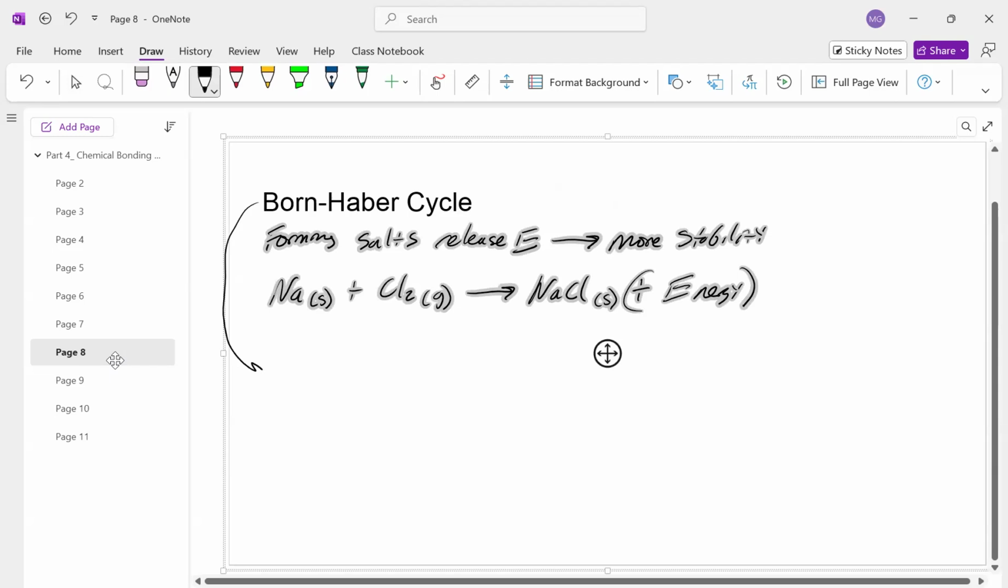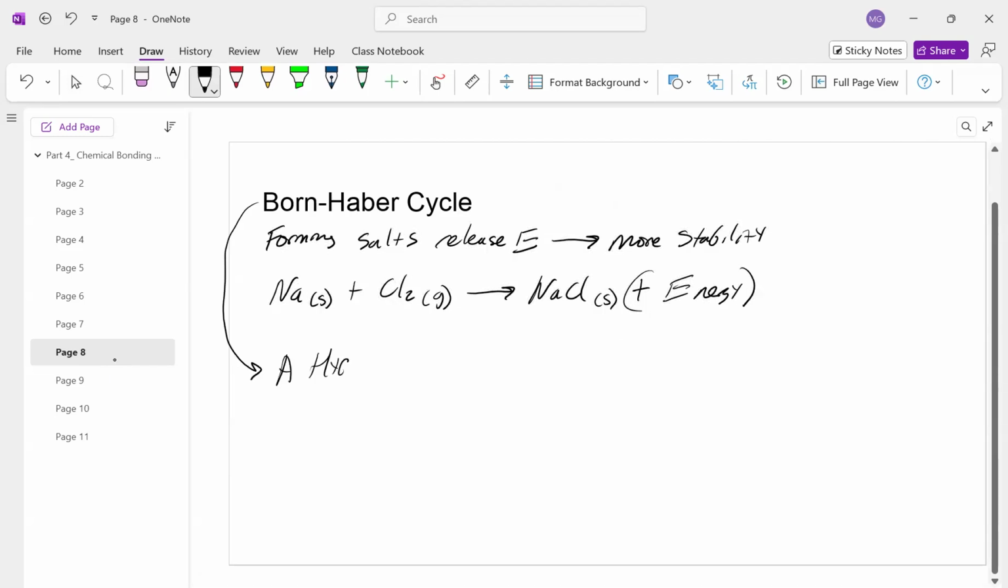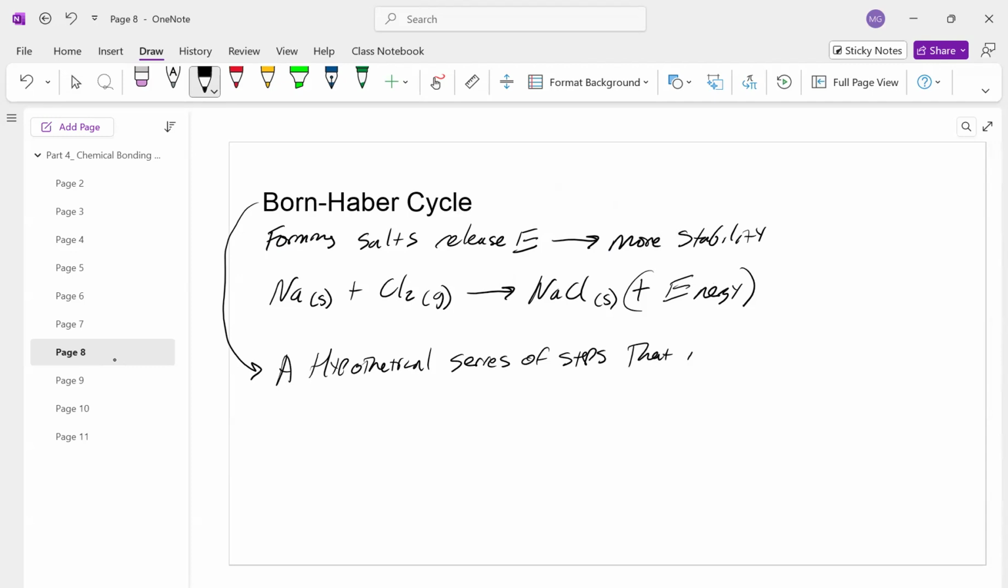The Born-Haber cycle is a hypothetical series of steps that represent the formation of an ionic compound. If you look at the reaction I drew above, sodium plus chlorine making sodium chloride, the Born-Haber cycle breaks that down into individual hypothetical steps. Each of those steps has a certain energy associated with it.